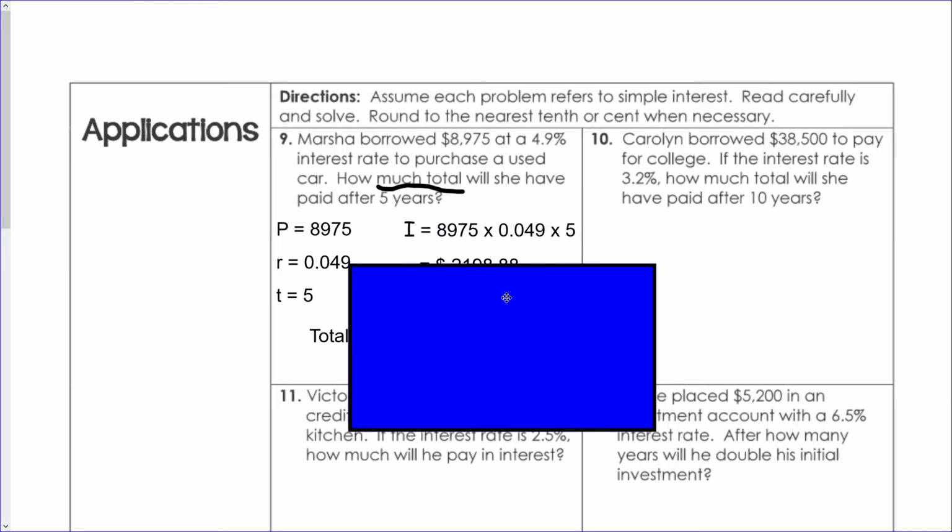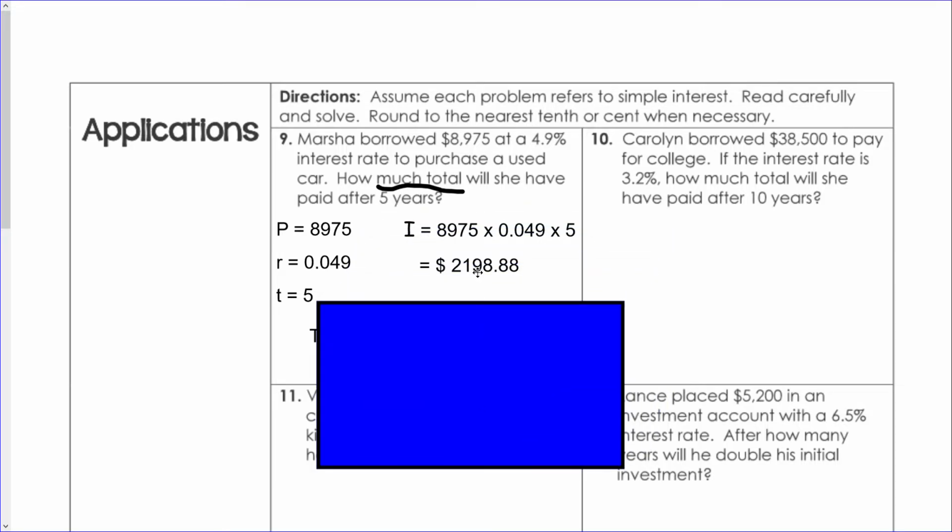Okay, so it's a fairly straightforward interest calculation to start. You're just multiplying your numbers together, principal times rate times time, to get 2,198.88. But then because we are looking for total, we have to do something just a little more. So this is just the interest only. This does not take into account what you paid in the first place, or that principal amount.